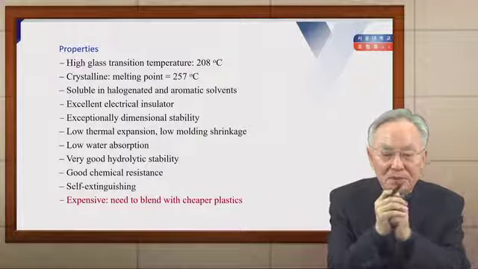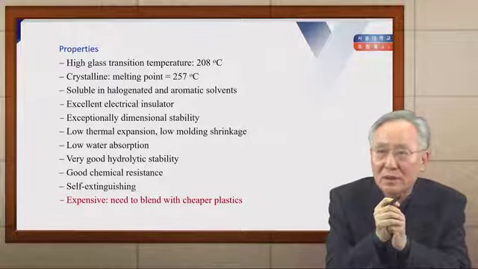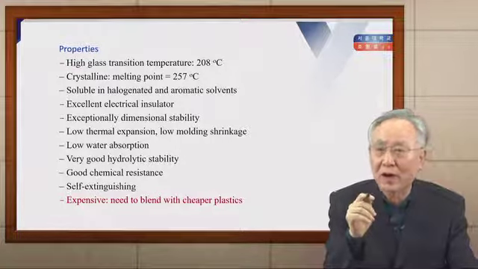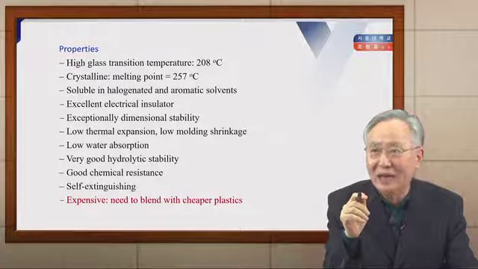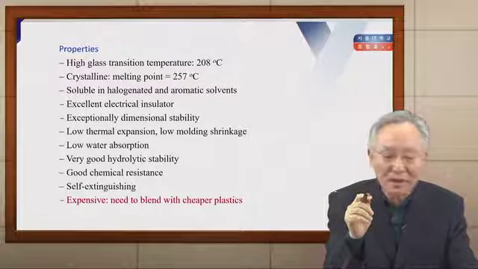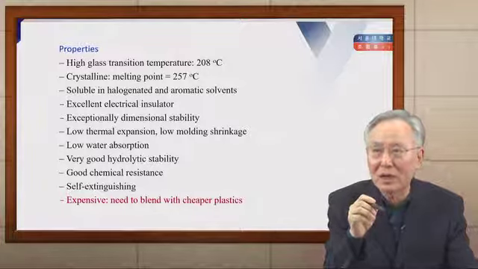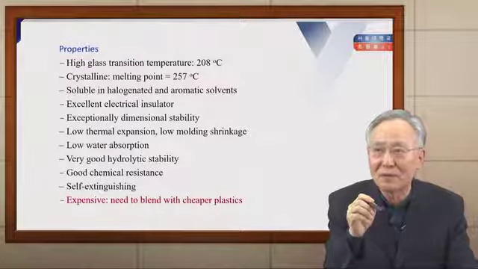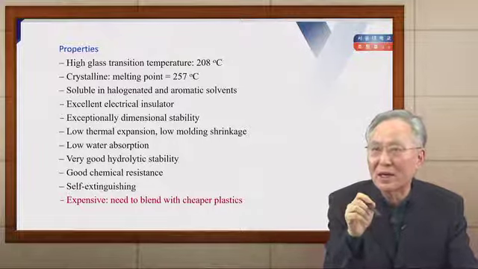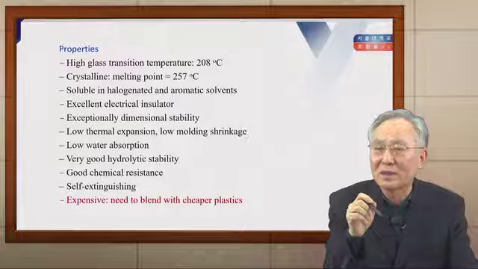So this PPO has many good properties. The glass transition temperature is very high, 280 degrees centigrade. And this polymer is crystalline, and the melting point is 257 degrees centigrade. This PPO is soluble in halogenated and aromatic solvents.